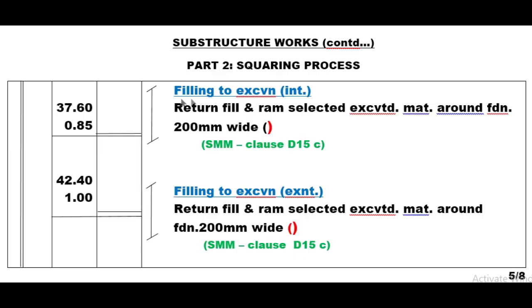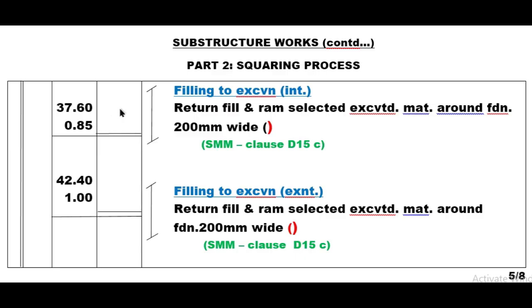Item number 9 will be filling to excavation, and remember it is internal. So explanation will be return, fill and ram selected excavated material around foundation, that is 200 millimeters wide. Remember we had a mean girth for internal to be 37.60 and a depth of 0.85 from our previous takeoff.